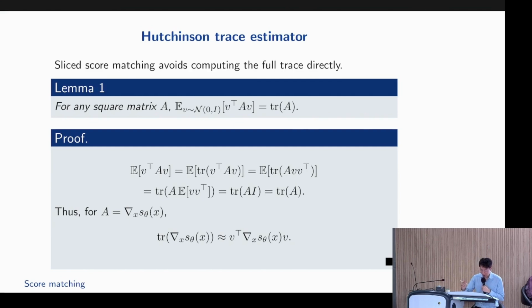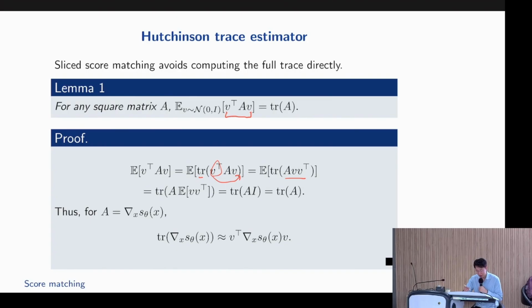Okay, why? Very simple. This term inside is a scalar, and the trace of a scalar is the same as not taking the trace. And by the property of trace, you can swing things around. So I'm going to reorder it by moving this term to the right. It's A V V transpose, and I'm going to take the trace outside.